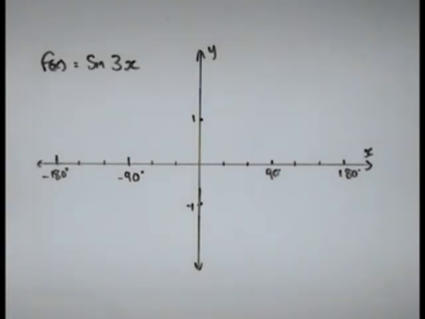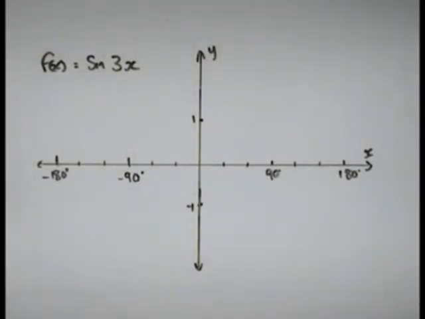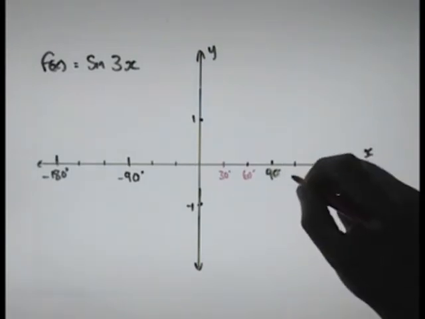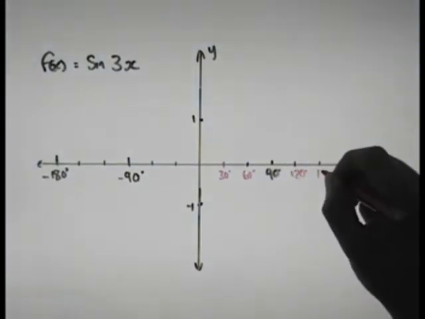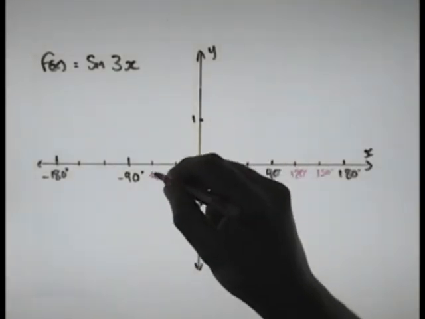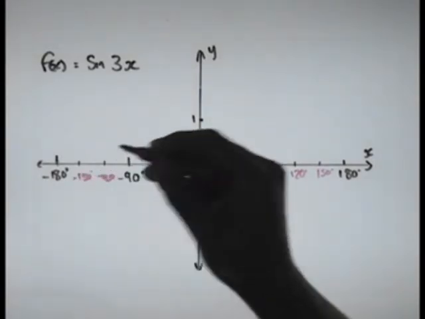The next graph we're looking at is sine of 3x. I told you to draw it for the interval negative 180 degrees all the way up to positive 180. The way I drew my graph, I included intervals of 30 degrees, 60 degrees, 120 degrees, 150 degrees, and in the negative also negative 30, negative 60, negative 120 and negative 150.